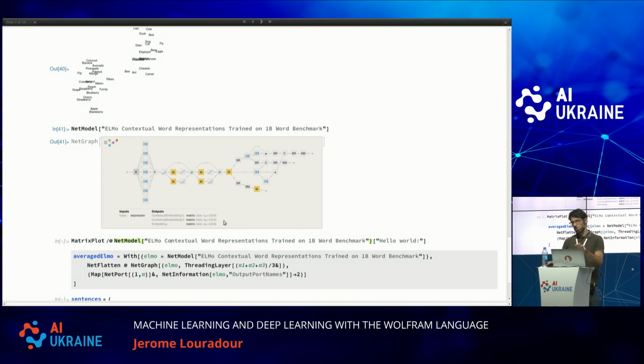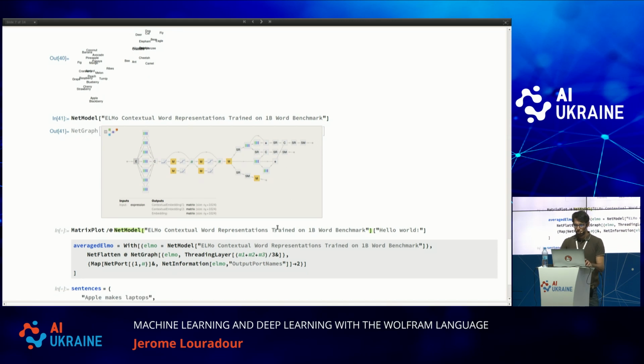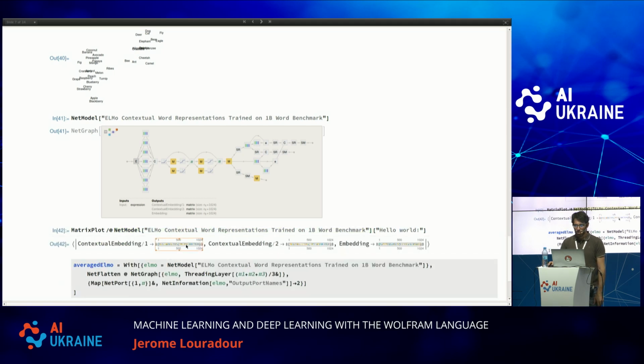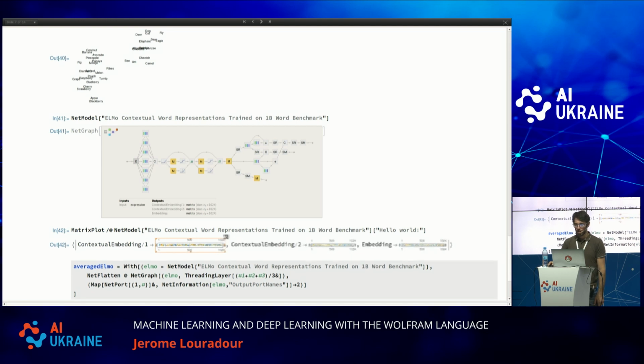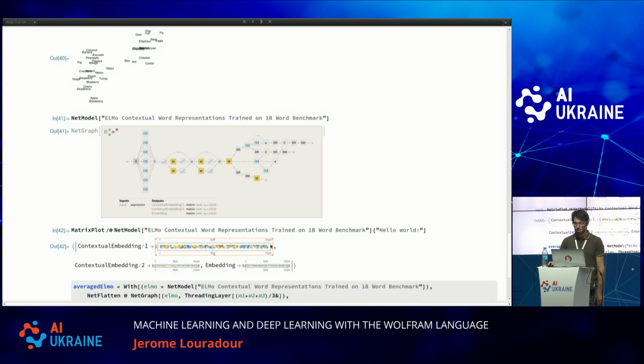As the Allen Institute published the model, there are 3 outputs of this model that we see here, here, and here. So if I apply it to a string, with hello world, it will output 3 matrices. Here I plot them. These are 1024-dimensional vectors, and there is one vector for each token, words and punctuation, so hello, world, and the exclamation mark.